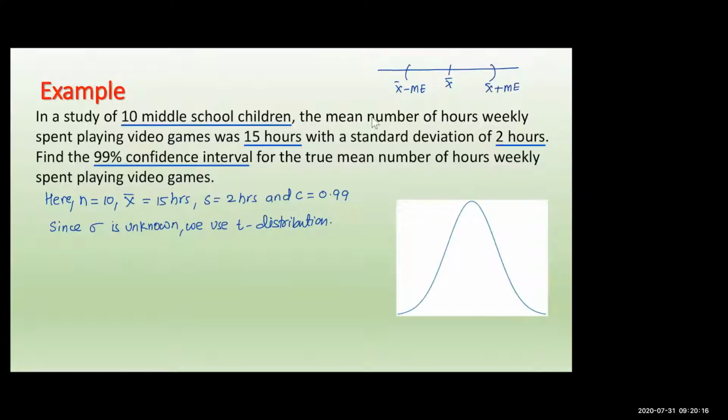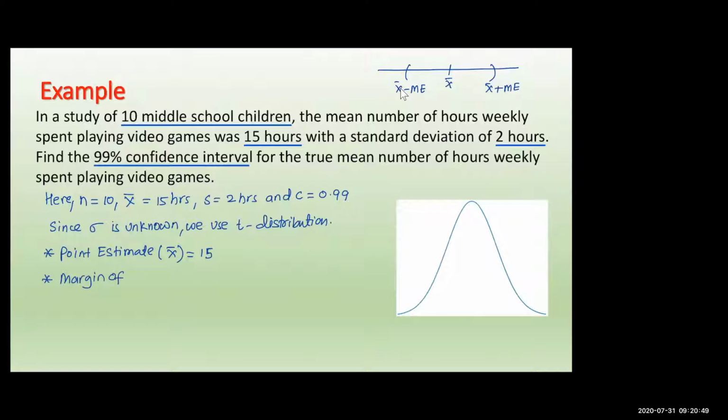So two things that we want here are the point estimate and the margin of error. Let's first write what we have. The point estimate is our sample mean. It's already given, it is 15. So we have the point estimate of 15. Next, we need the margin of error. Let's see how we can find that.